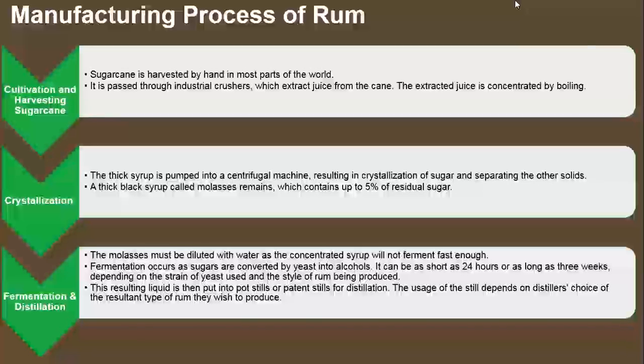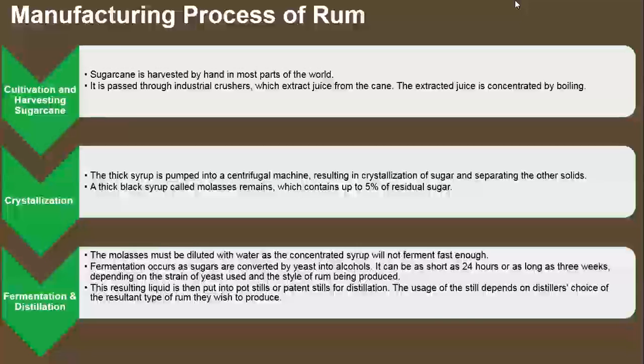Moving to fermentation and distillation, the molasses has to be diluted with water, as the concentrated syrup will not ferment fast enough. Fermentation occurs as sugars are converted by yeast into alcohol.